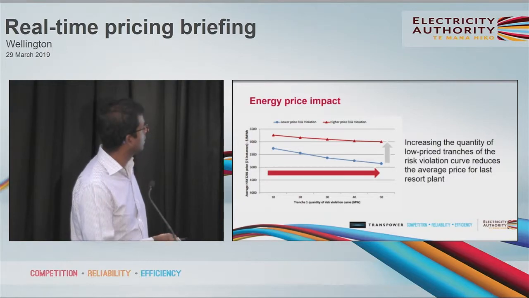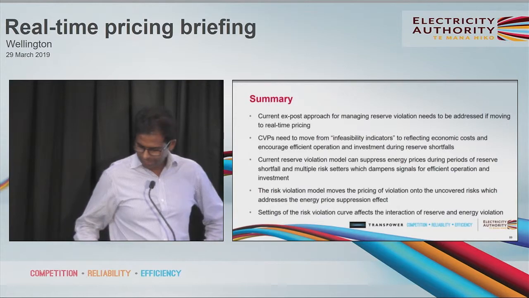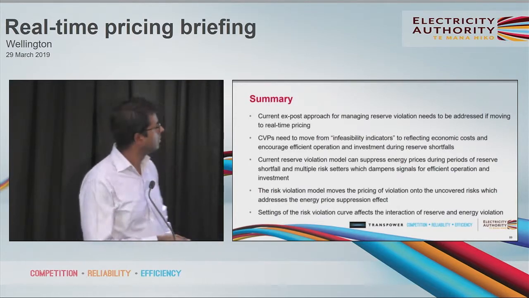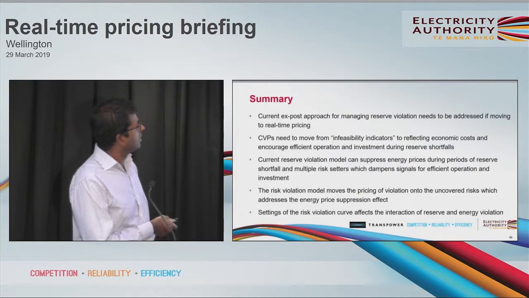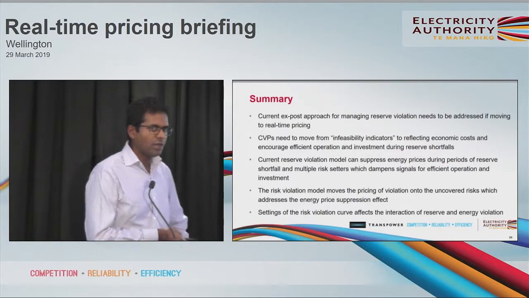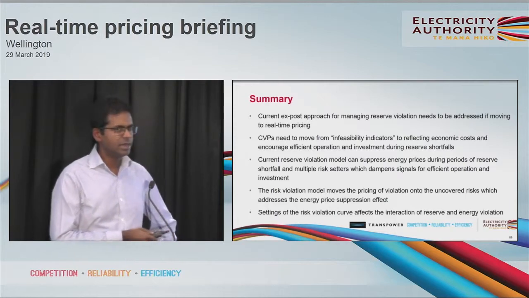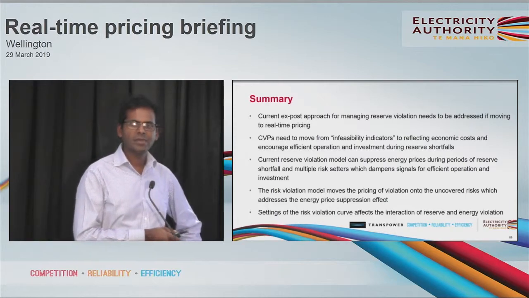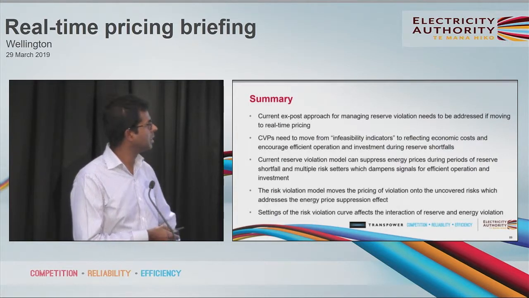I guess the summary of all this was really to see how we can address scarcity pricing under RTP, because the current ex-post arrangements don't seem to be able to do the trick.